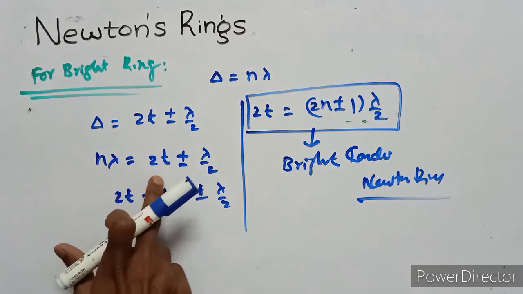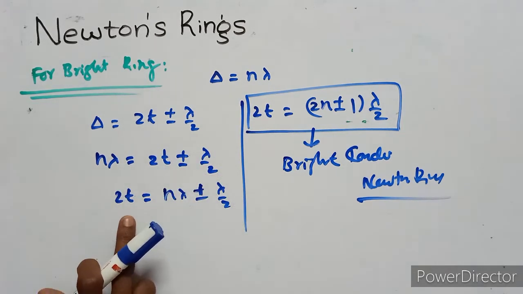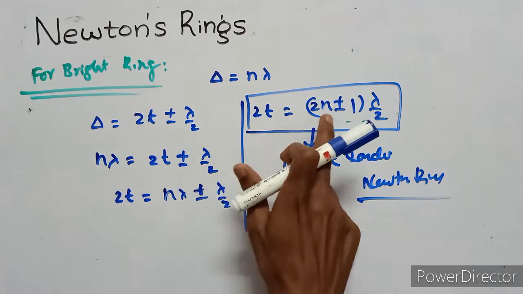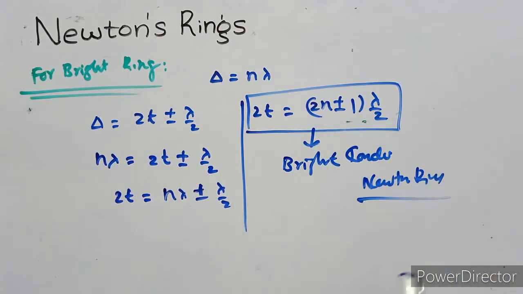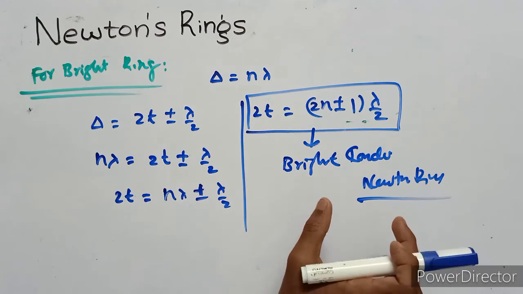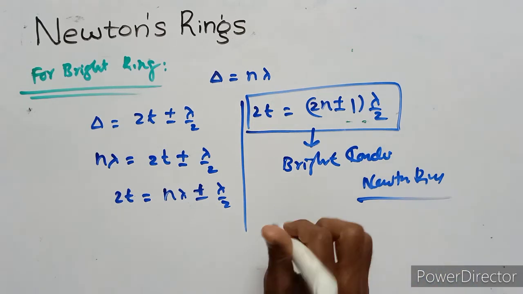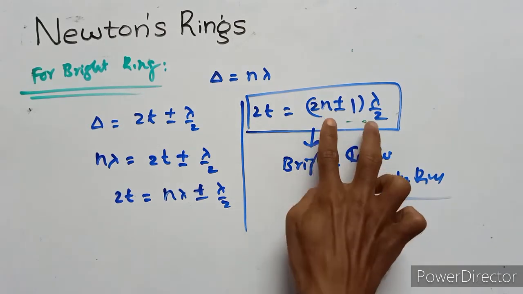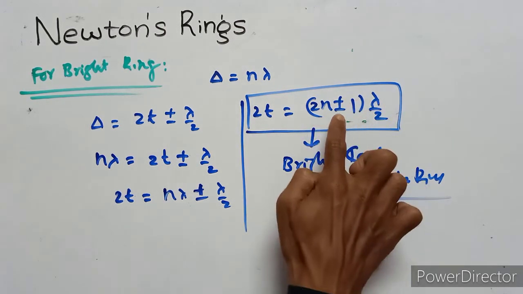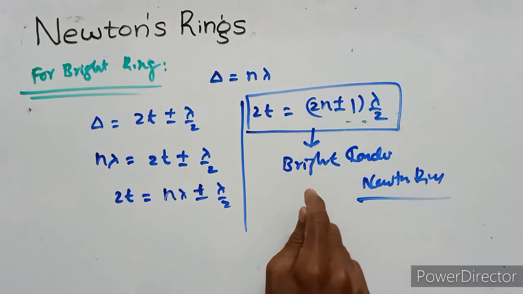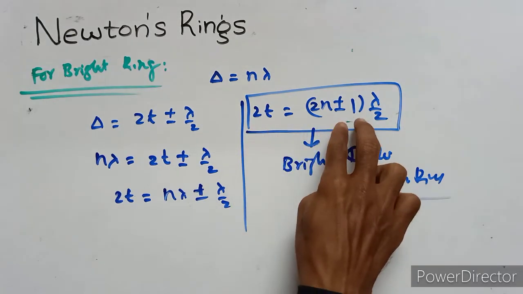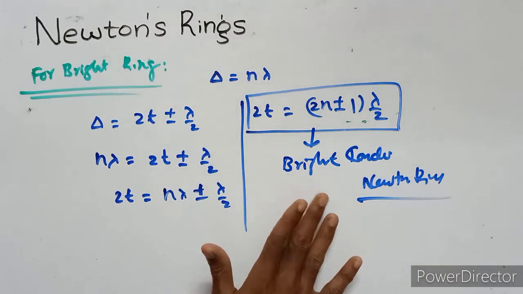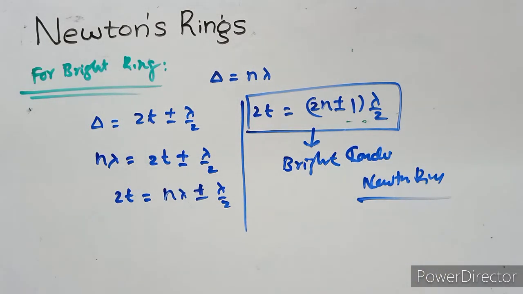Then n lambda equals 2t plus or minus lambda upon 2, so 2t equals n lambda plus or minus lambda upon 2, which gives 2t equals (2n plus 1) lambda upon 2. This is the bright condition for Newton rings. The general condition n lambda is for bright, but in this particular case, 2t equals (2n plus or minus 1) lambda upon 2 is the bright condition.